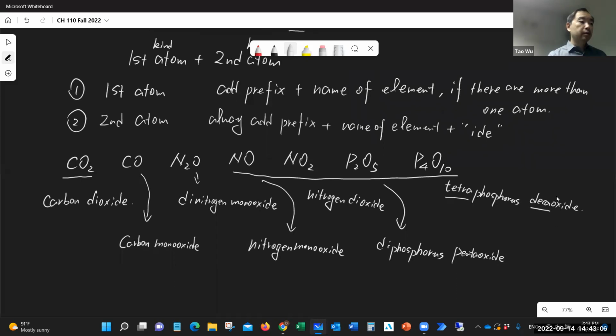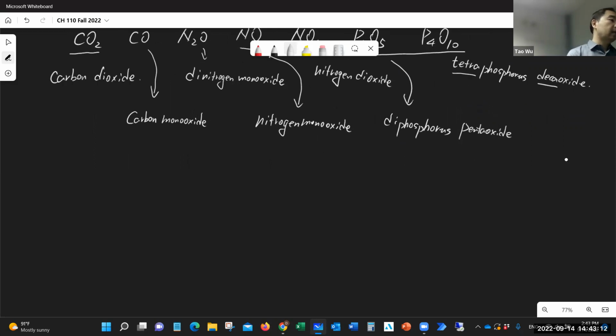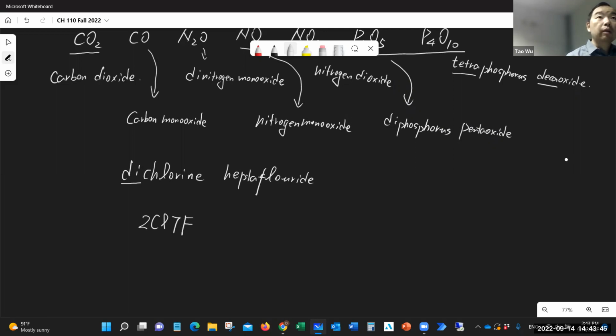But sometimes, I literally saw this before, some students write it like this. If I write dichlorine heptafluoride, the students write chlorine, fluoride, that's F, and hepta, so they write a formula like this.